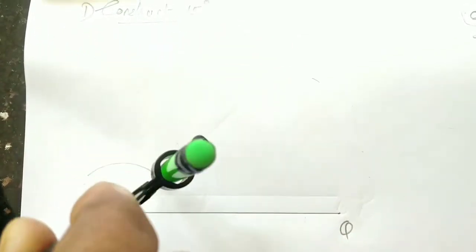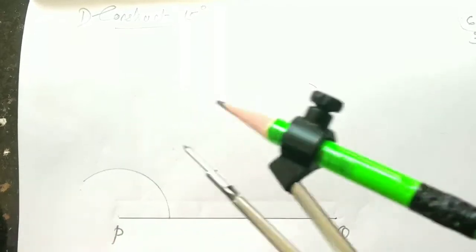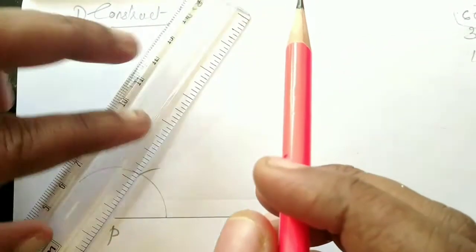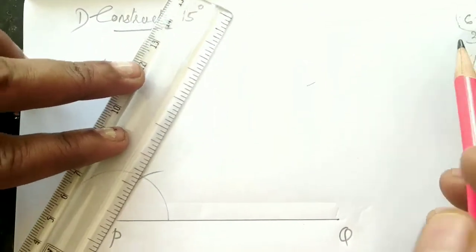Okay. So take your compass and take a convenient radius. The tip of the compass at P, draw an arc like this. Okay, we can cut this. Now you get 60 degree. We need only 15 degree, so the other construction, that is 60 and 30, is done using dotted line.